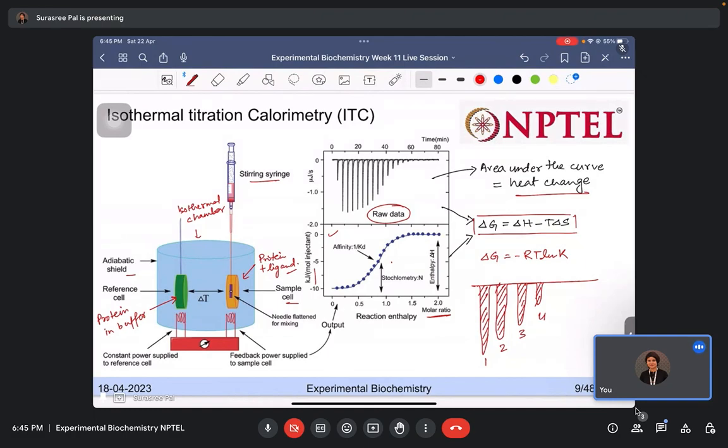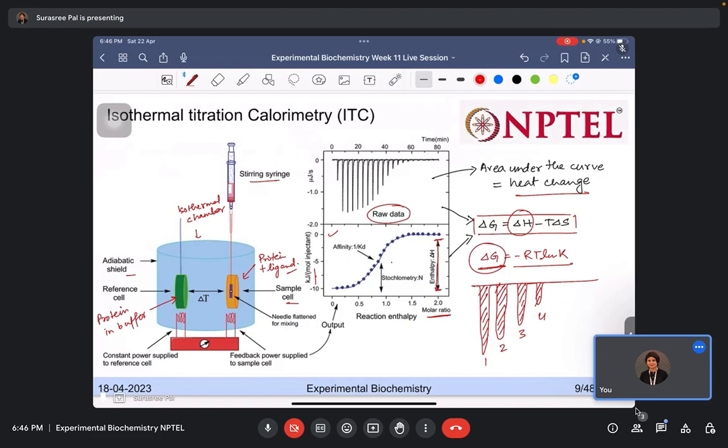So Kd can be determined by putting it in the same equation. And when we determine Kd, we can also have an idea of the delta G, because delta G equals minus RT ln K. If we have the idea of delta G and this change in the heat, the heat on the y-axis, this change in the heat will give us the delta H, the change in enthalpy.